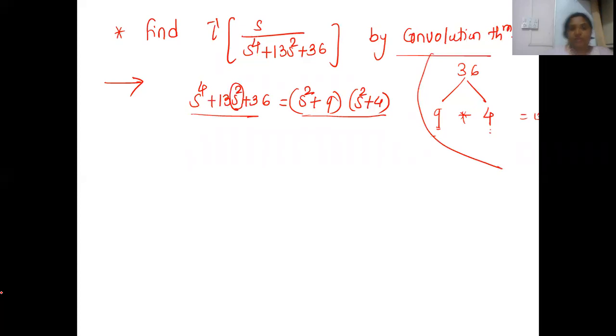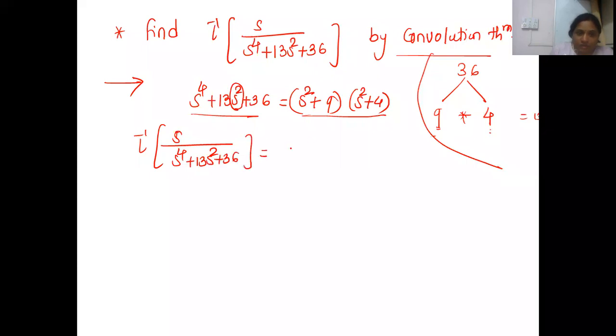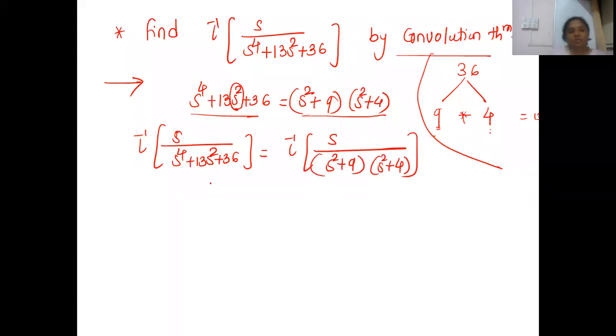Yes. Right. So your given thing becomes Laplace inverse of s upon s square plus 9 into s square plus 4. To solve this is nothing but to solve this.